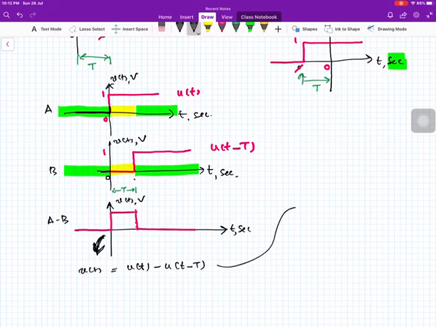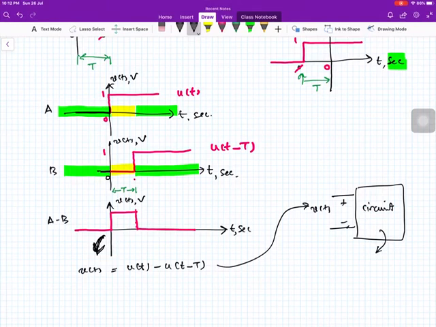And this is the V(t) applied to a circuit over here with the reference polarity. This is a circuit we want to analyze, and this circuit is represented in the form of mathematical equations. The input must be expressed in the form of a mathematical expression, which is over here u(t) minus u(t minus T).